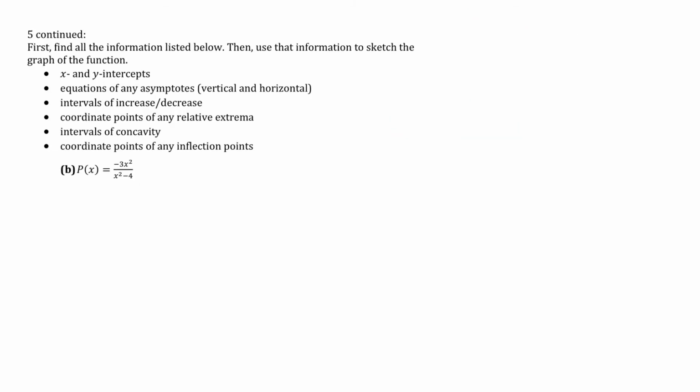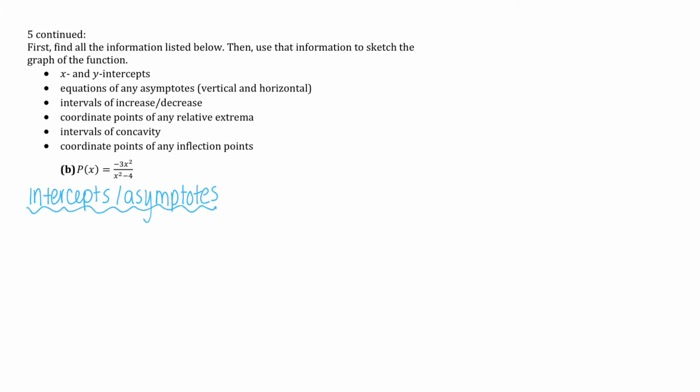If we go on to 5B, this one's going to take a little bit of work. So I'm actually going to write the intercepts and asymptote part down here because this one has a few asymptotes and intercepts to worry about.